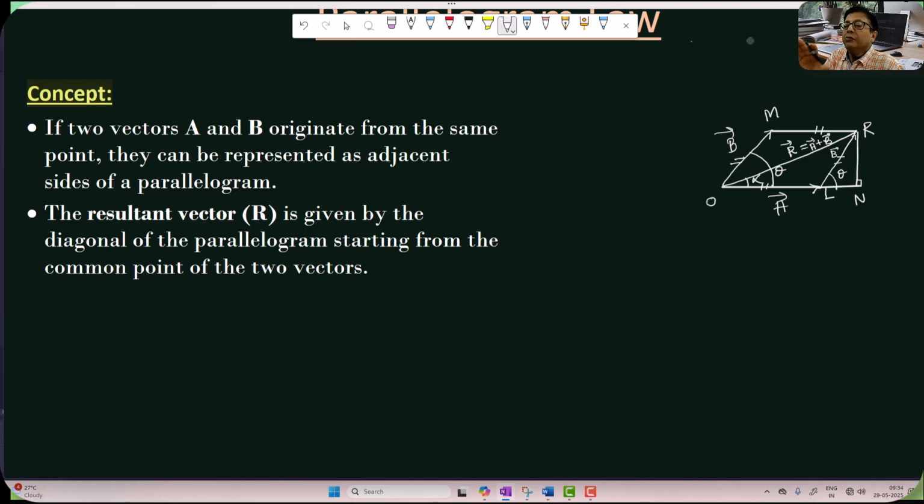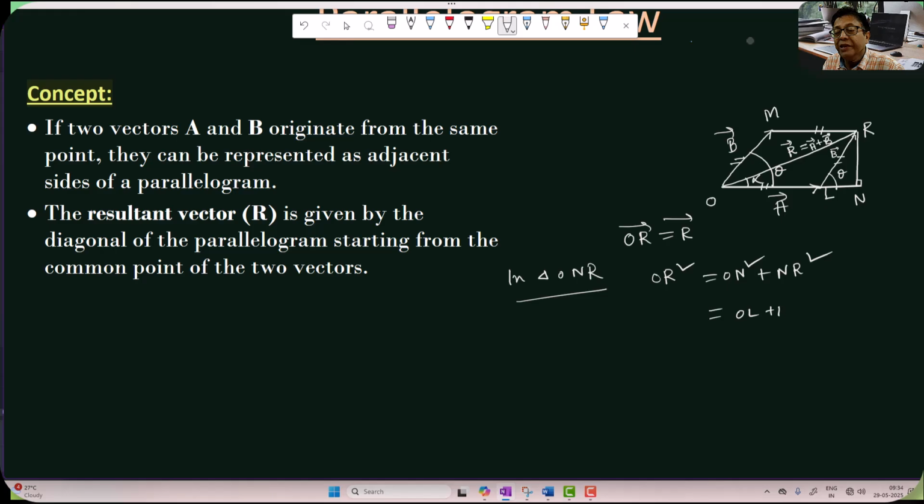So now we can find the resultant vector OR, that is R. This OR vector will represent the vector R. So in triangle ONR, what do you observe? This is 90 degree. OR square is ON square plus NR square.